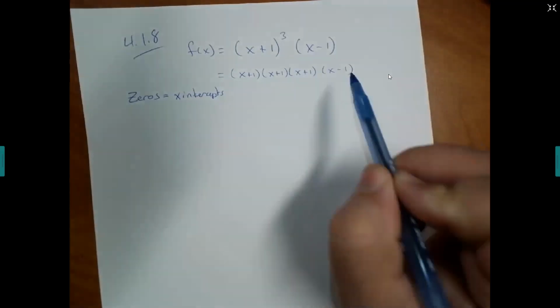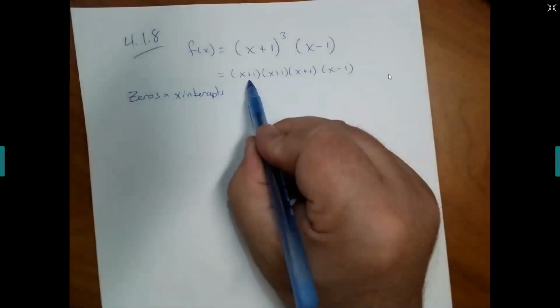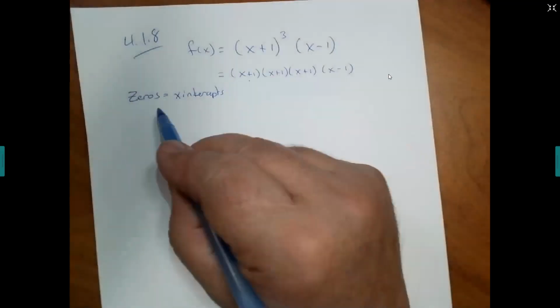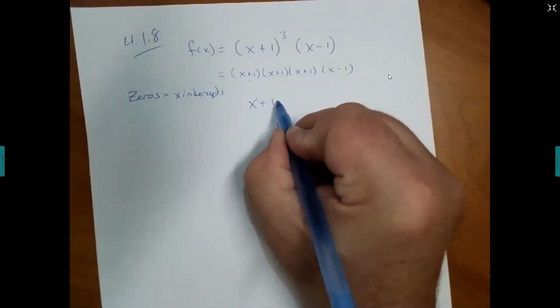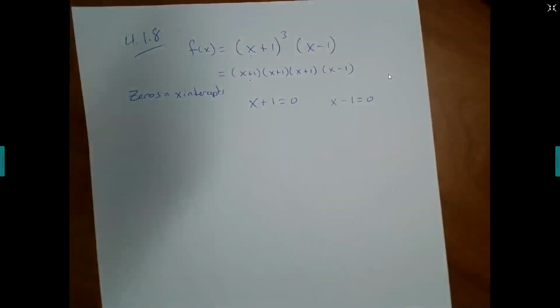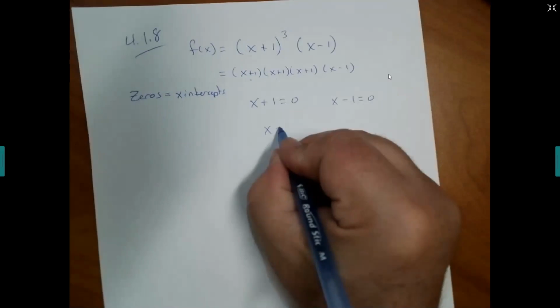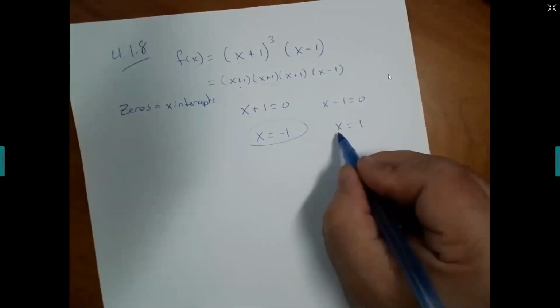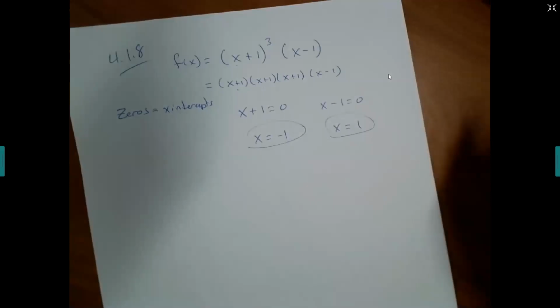And this one is just once. To find the zeros, whatever's inside the parentheses, take and set them equal to 0. So we only have 2 zeros, 2 x-intercepts. One's at x equals -1, one's at x equals 1.